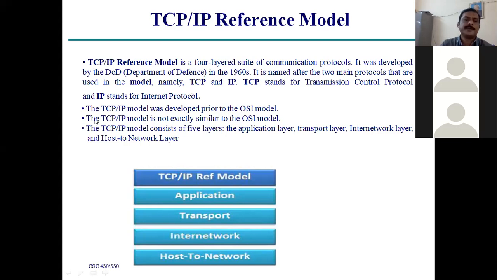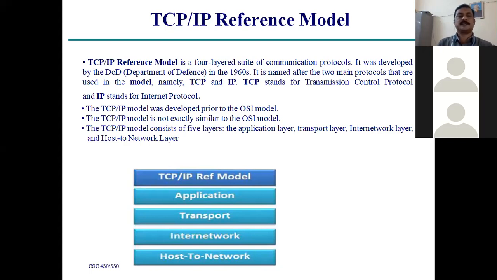Next, the TCP/IP model is not exactly similar to the OSI model. Why? Because in TCP/IP there are only 5, or 4 layers. The last layer of TCP/IP, host to network, contains 2 types of layers: the data link layer and the physical layer.